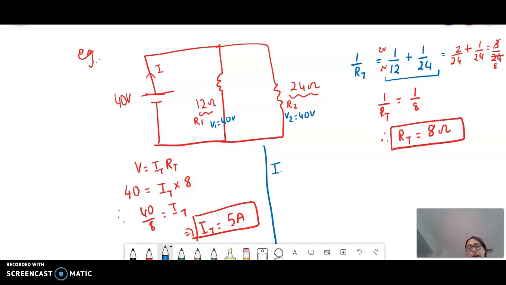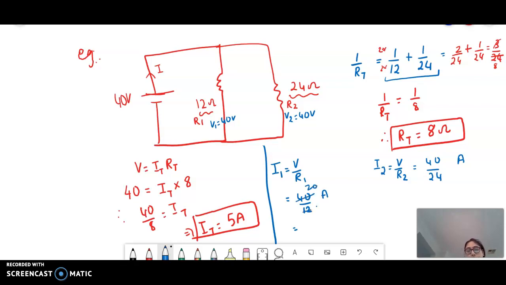Let's find I1 then. So I1 will be V over R1, and I2 will be V over R2. So 40 over 12, and you'll have 40 over 24. You can use your calculator to find the decimal answer, and that'll be your I1 and I2.